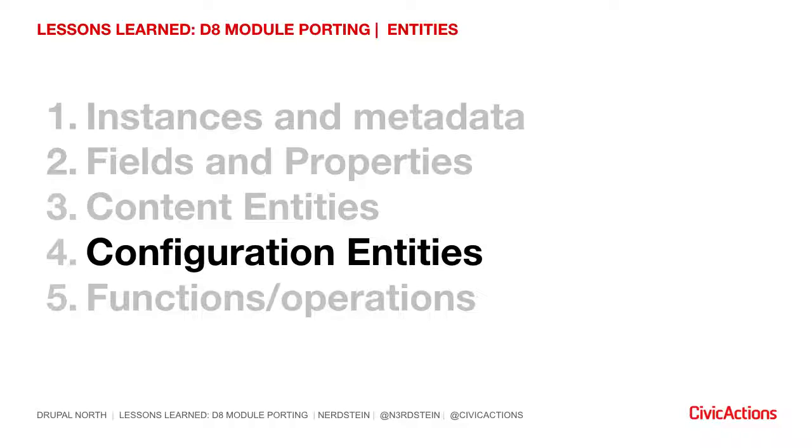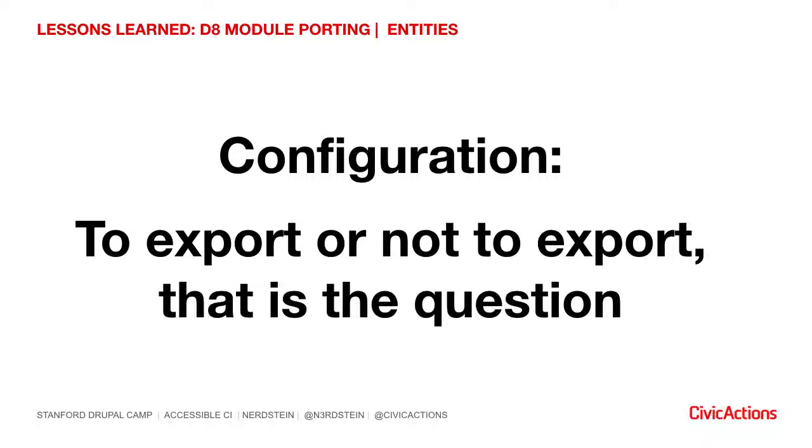So configuration entities. We talked about content entities, right? So what's the difference between a content entity and a configuration entity? The question comes down to export or not to export. If you need to be able to export instances from an entity, you would want to use a configuration entity. If it's purely content, like a node, you don't want to be exporting nodes out.